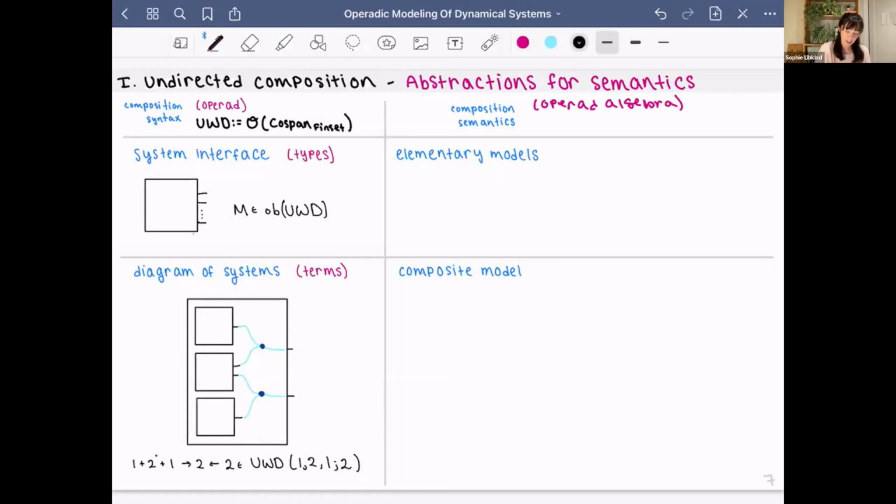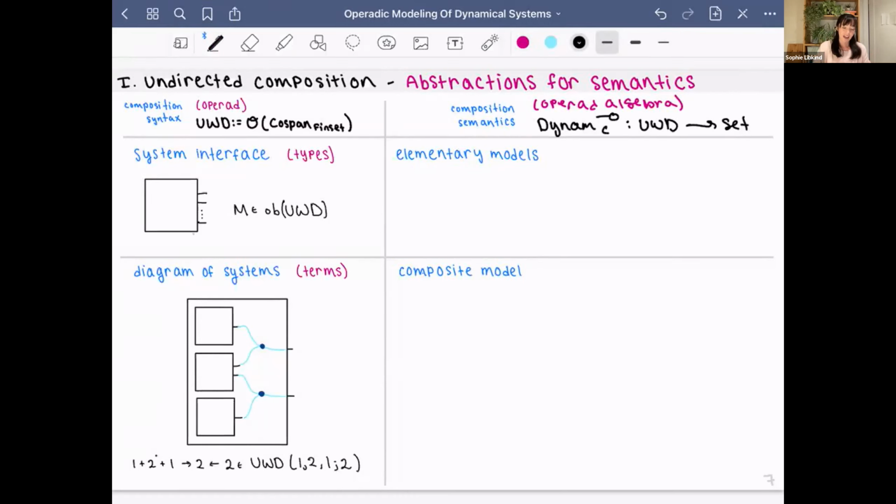There's an operad functor. We're going to call ours Dynam, with a U to indicate undirectedness, and a C to indicate continuous dynamics. So an operad functor from our operad describing the syntax, UWD, into the operad underlying set with Cartesian product.